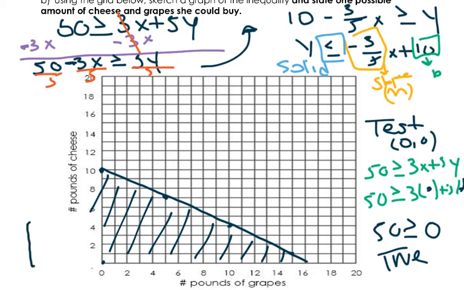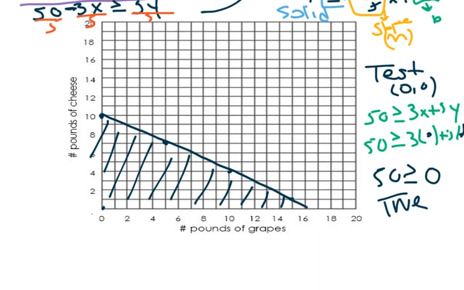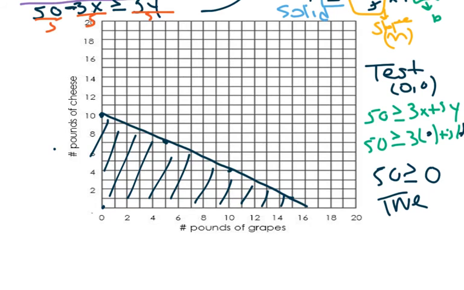One last thing they asked to do was to state one possible amount of cheese and grapes she could buy. So you could pick any point. I'm randomly going to pick (5, 6).